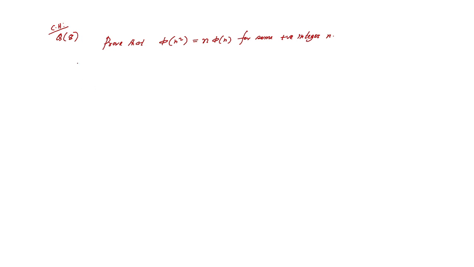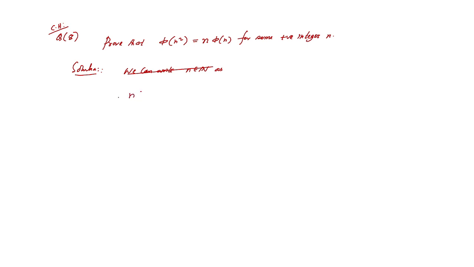How to prove? So we come to the solution. Since n is a positive integer, by the fundamental theorem we can write the positive integer in a natural number as follows.